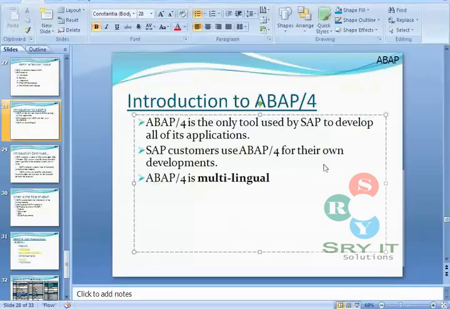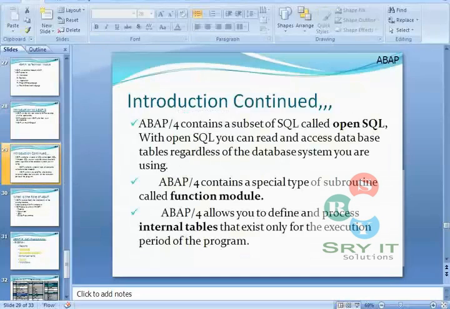And the next, are you done? Yes. Okay. The next, ABAP statements start with a keyword and end with a period. Period is nothing but dot.